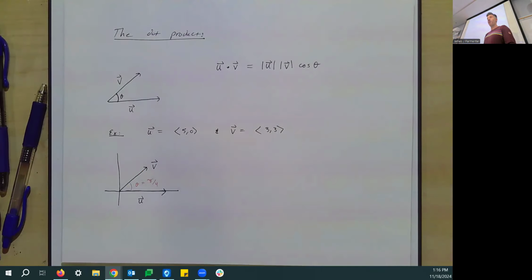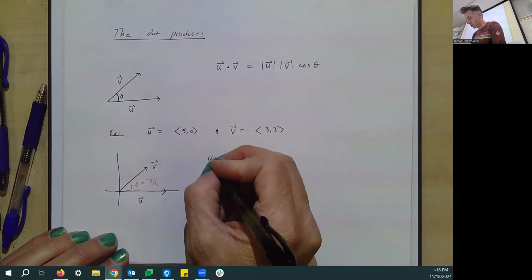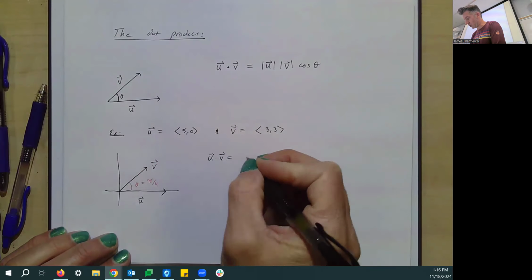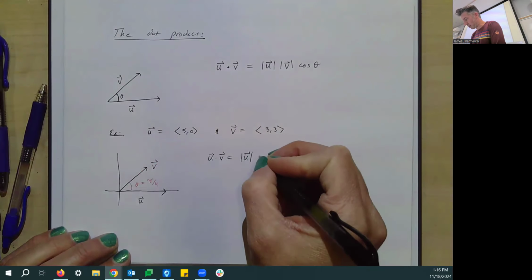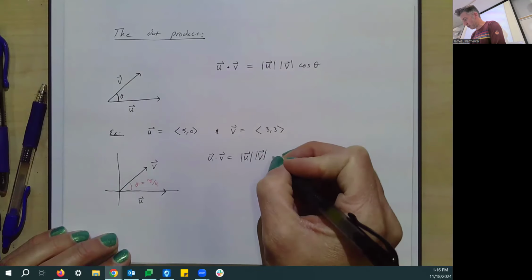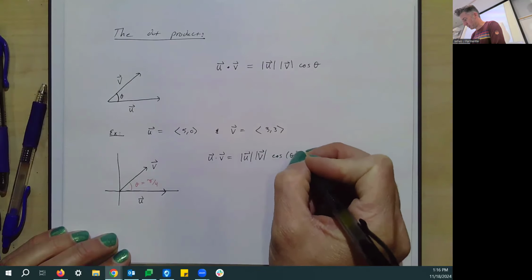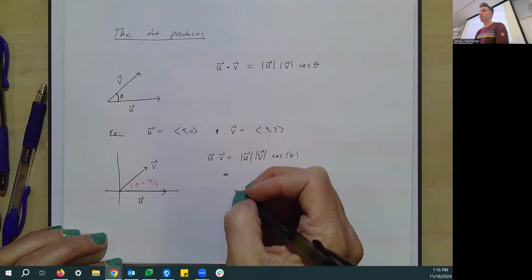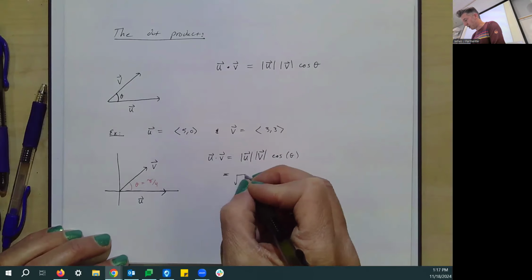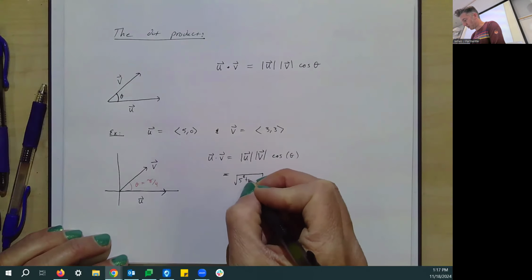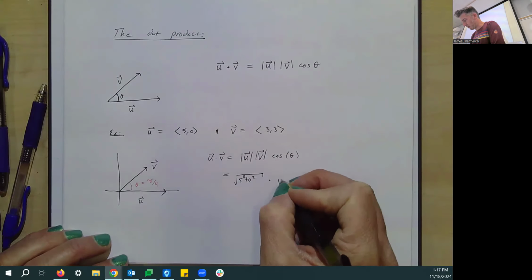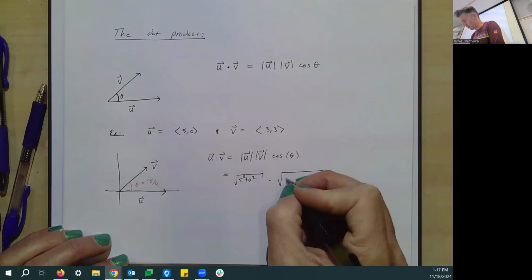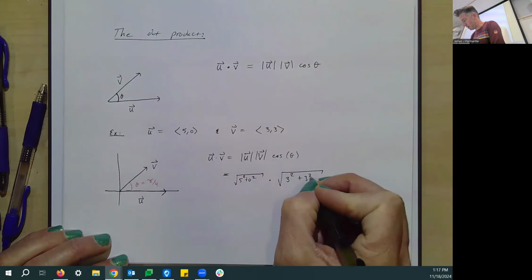So to find the dot product, U dot V, it's equal to the length of U times the length of V times cosine of the angle between them. The magnitude of U is just 5, but you could write the square root of 5 squared plus 0 squared. The magnitude of V is the square root of 3 squared plus 3 squared.